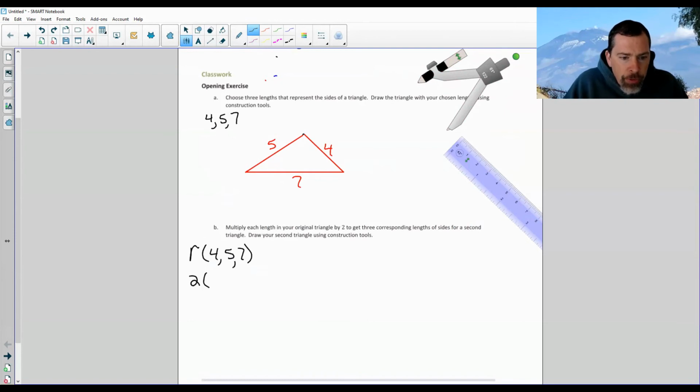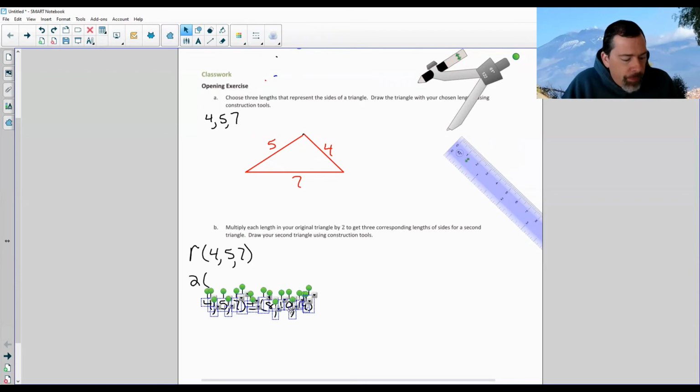So my R is 2. That's going to be 2 times 4, which is 8, 2 times 5, which is 10, 2 times 7, which is 14. So my new sides are going to be 8, 10, and 14.